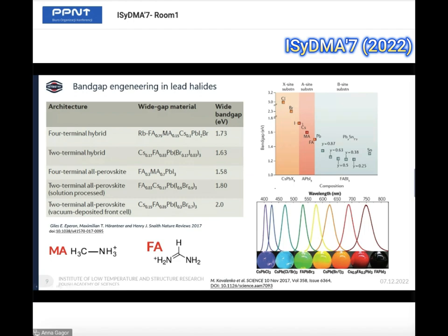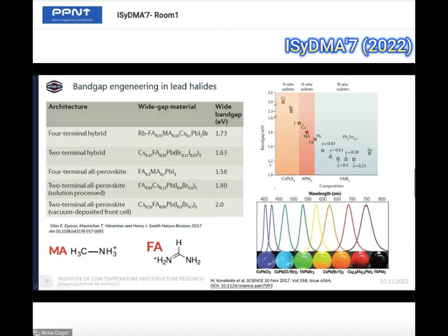Here we have examples of such substitutions and a graph where we can see how much the band gap changes when we change the X sites or the A sites as well as the B sites.